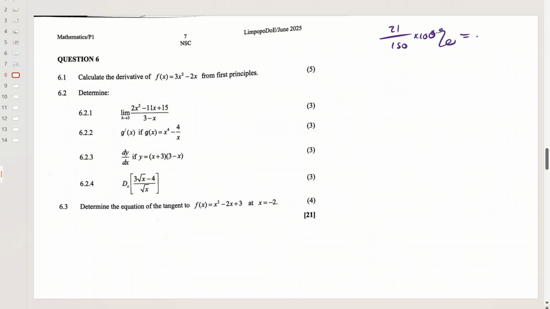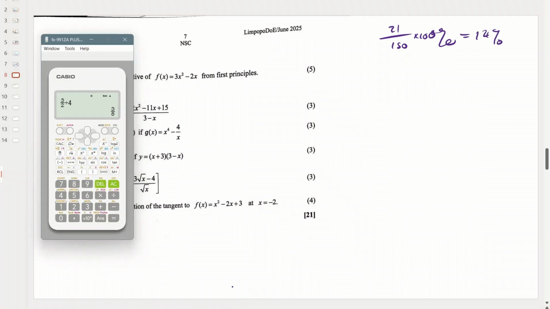I think you will have got something like 14%. So 150 times 100.